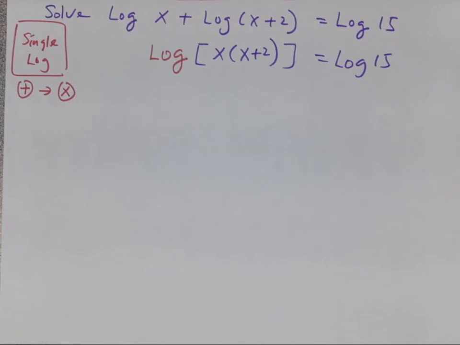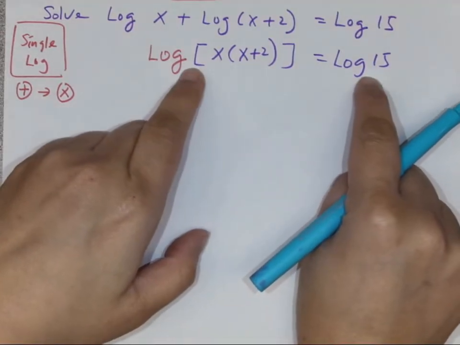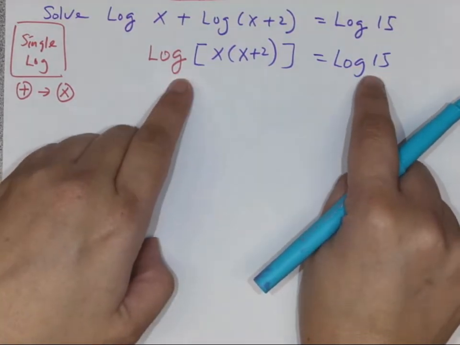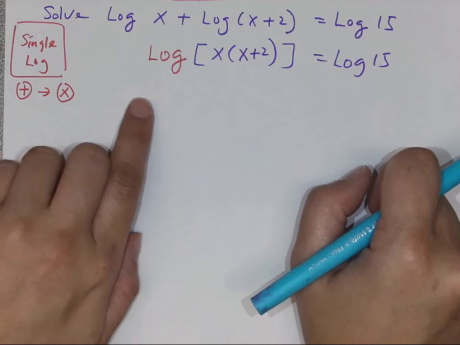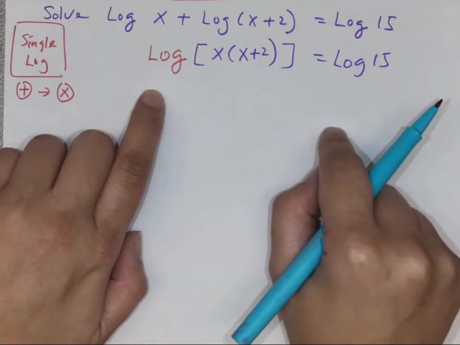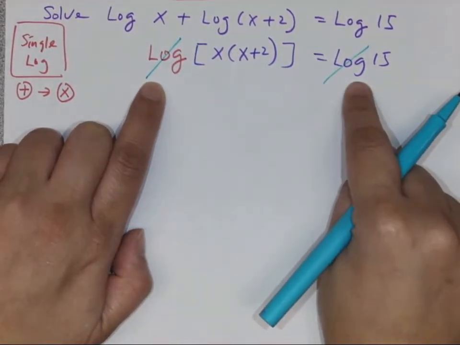Does that have a base of 10? Both of them have base of 10. So when can I cancel? When I have the same base, and also on each side I only have one log. So can I cancel? Yeah. Now we can, because it's one on each side, right? And they have the same base, right? Are we okay? All right.